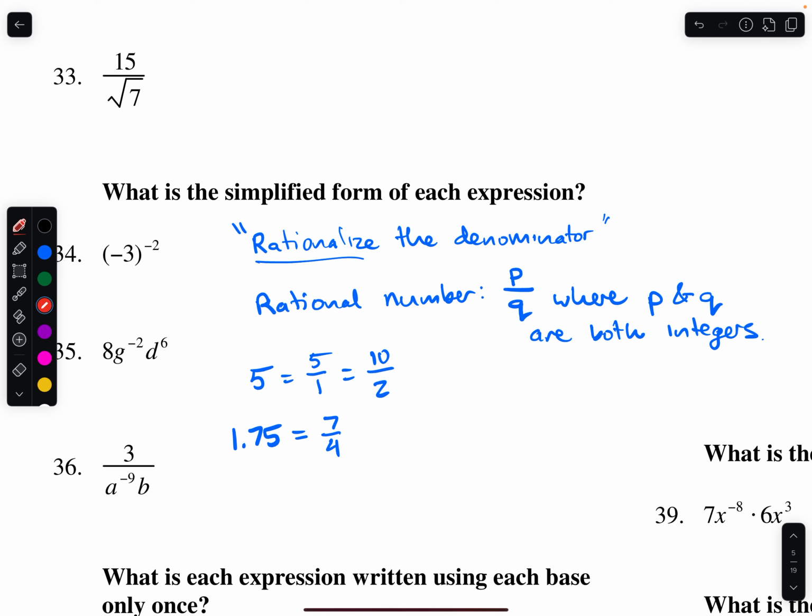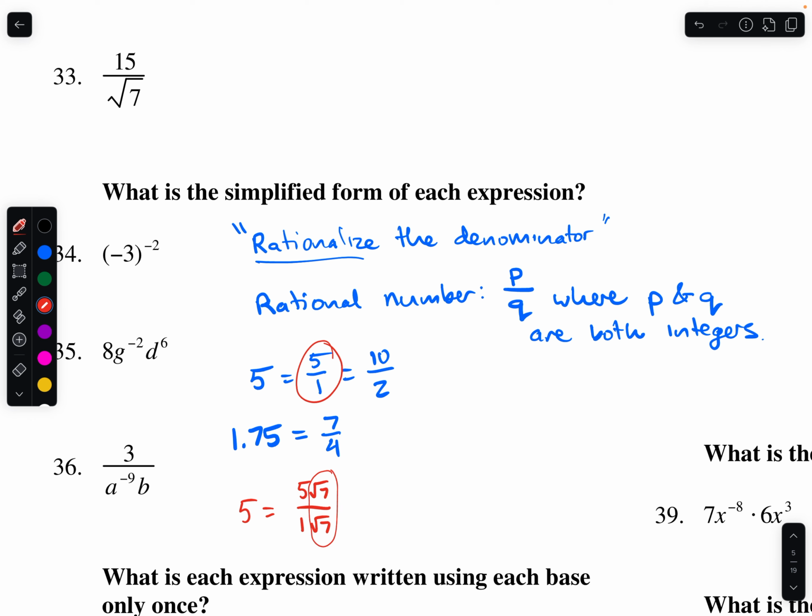What's kind of tricky, though, is that I could even take something like 5, which we know is rational because it can be written as a fraction of integers. And I could actually write it as a fraction of non-integers. I could say 5 is the same as 5 root 7 over 1 root 7, couldn't I?